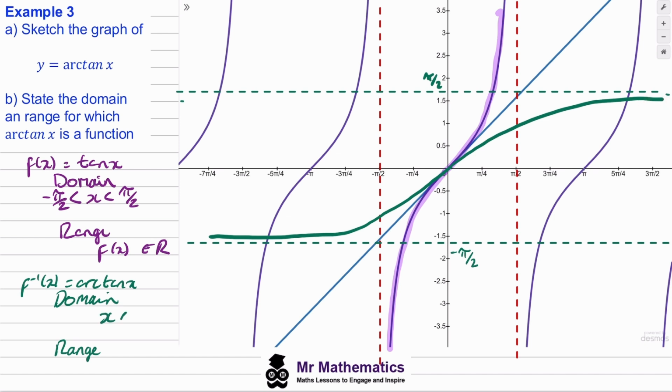So x is an element of all real numbers. And the range goes from negative π/2, but it's not equal to this, and positive π/2, again not being equal to that. So the function y equals arctan of x is the inverse of tan of x on the restricted domain between plus or minus π/2.